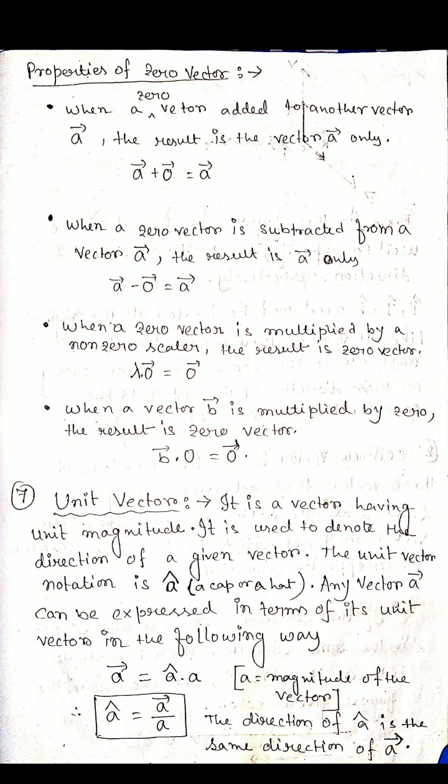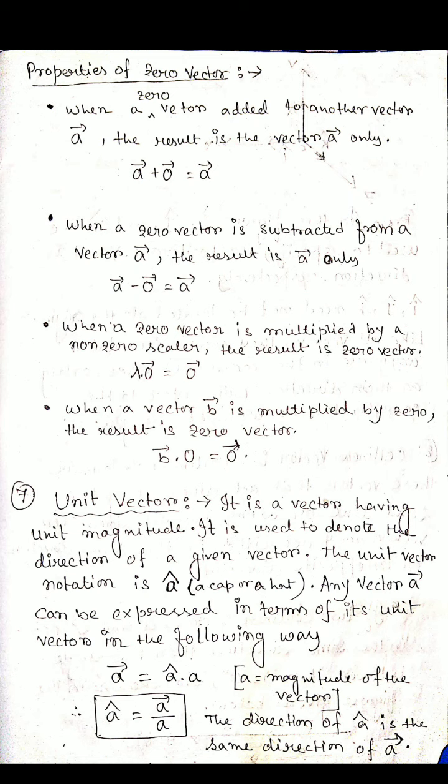The unit vector is denoted by, if we consider a, a cap, and it will be read this way, a cap or a hat. That triangle sign, okay. So this is the notation of a unit vector.